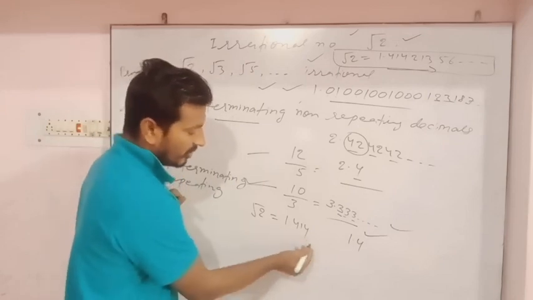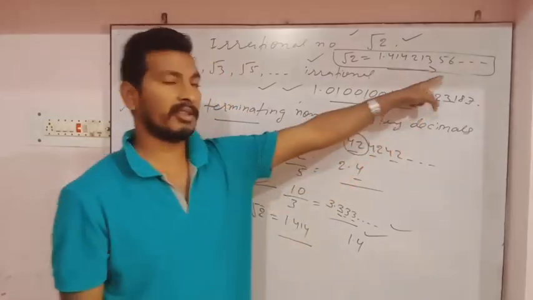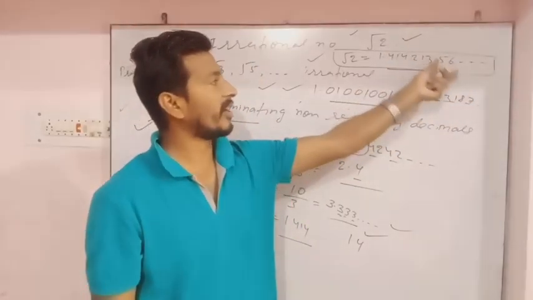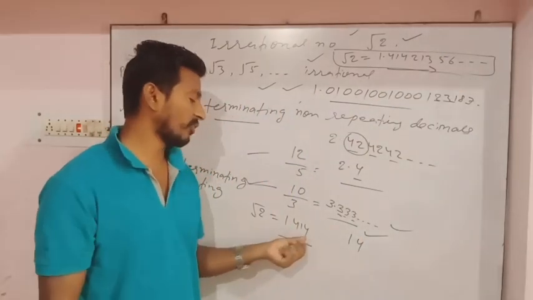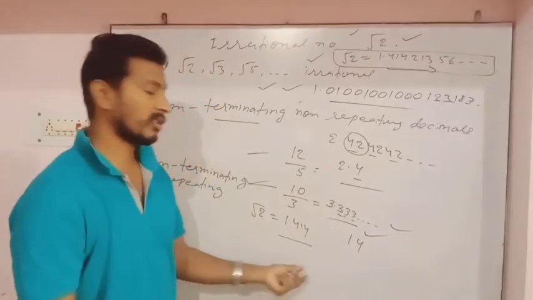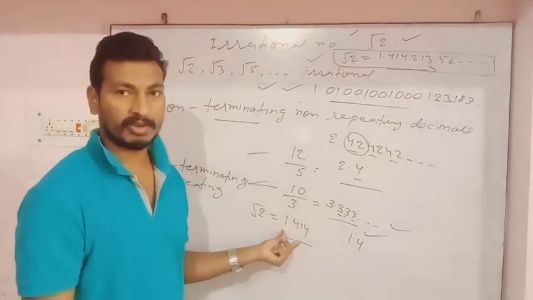This is not an accurate value, because there is dot dot dot, and there is a possibility of finding more decimal places. Here 1.414 is up to 3 decimals, and 1.4 is up to 1 decimal. So this is an approximate value, not an accurate value.